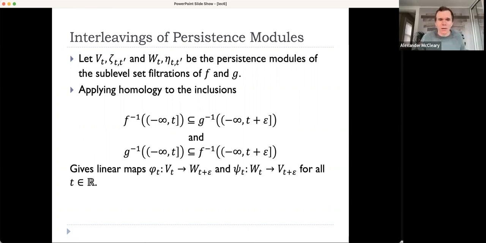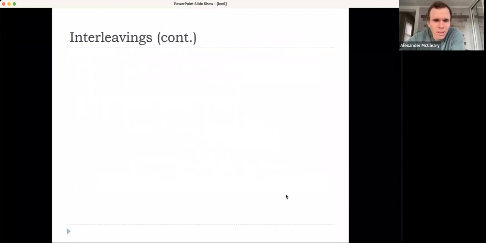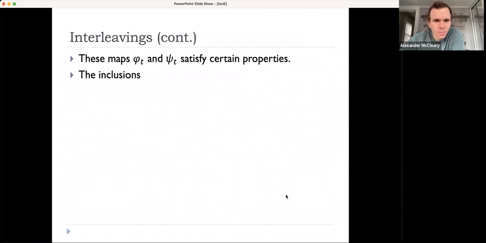When we do that, we'll get linear maps. We'll get a linear map, we'll call it phi t, from V_t to W_{t plus epsilon}. And we'll get linear maps going in the opposite direction as well, psi t from W_t to V_{t plus epsilon}, for each t in the reals. And these linear maps are going to satisfy certain properties as well.